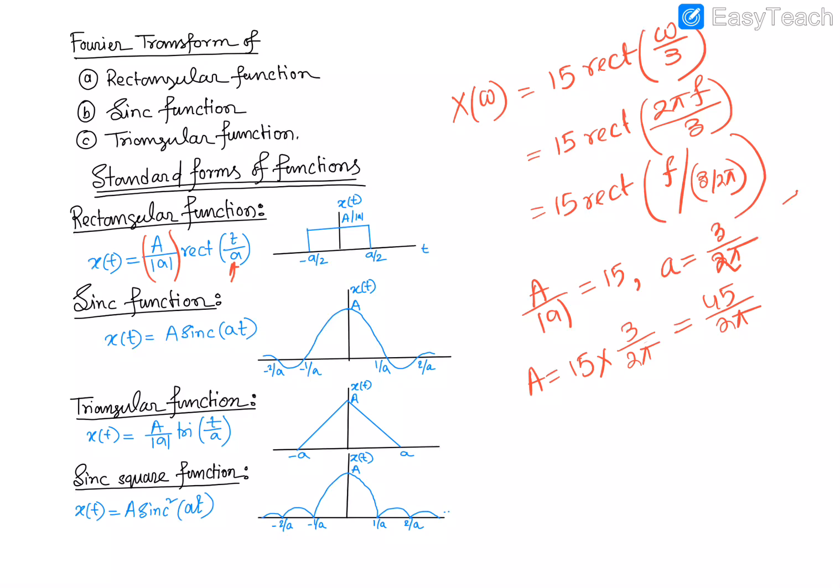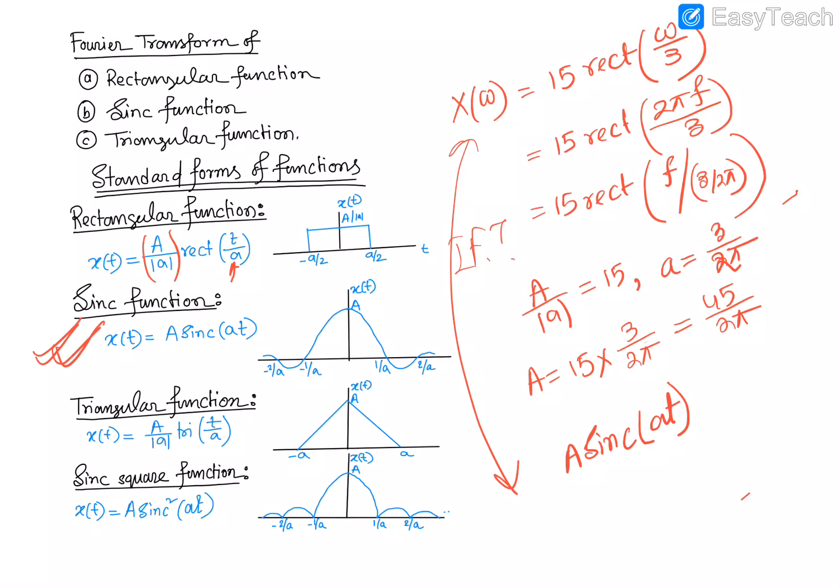So the function is in the frequency domain as a rectangular function, so in the time domain it will be a sinc function. The inverse Fourier transform will be A sinc at.